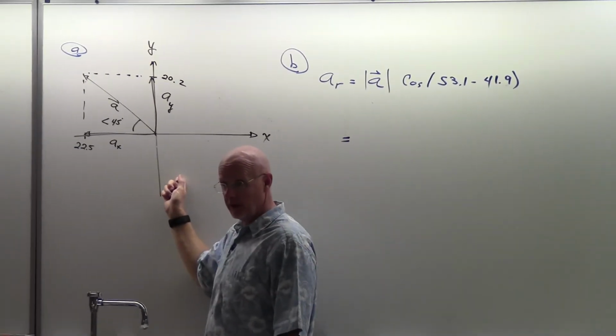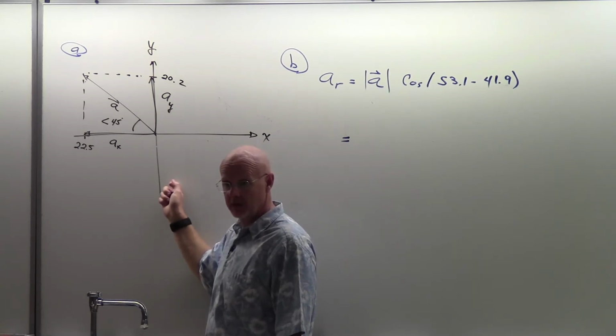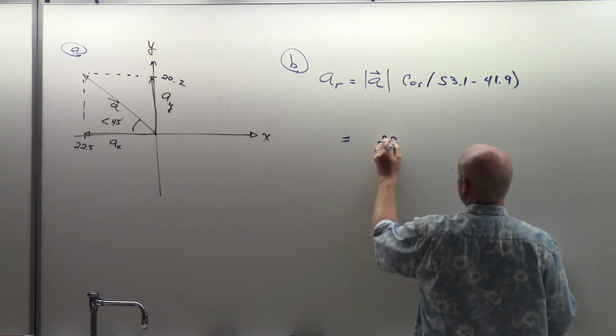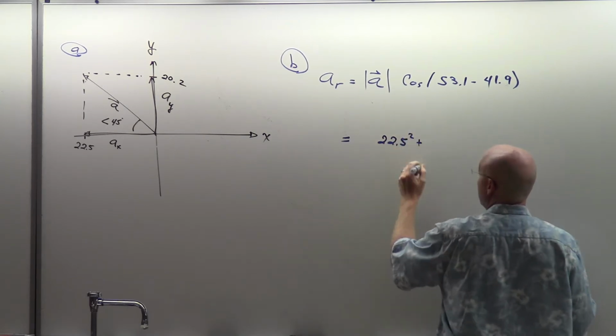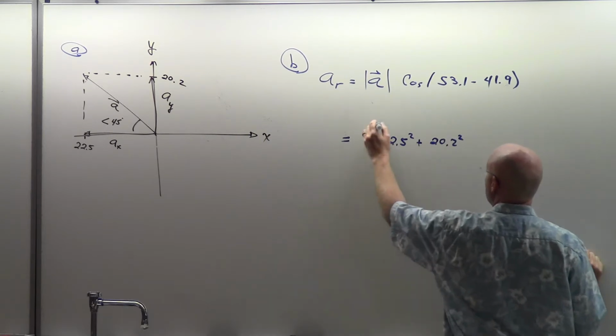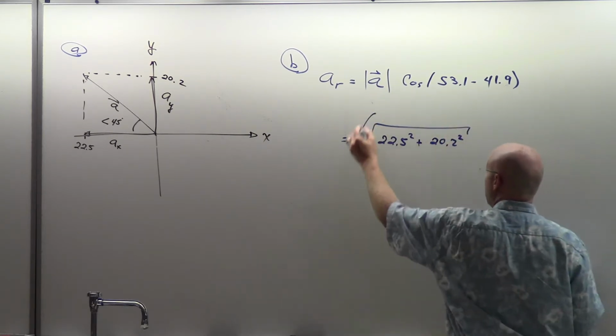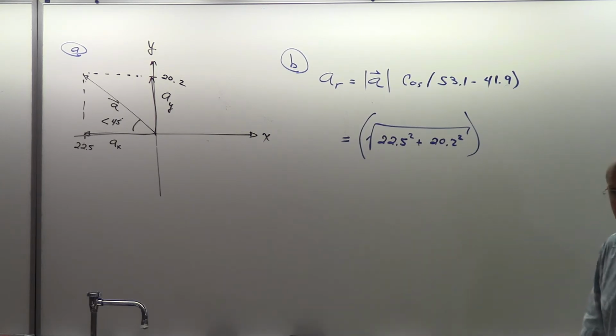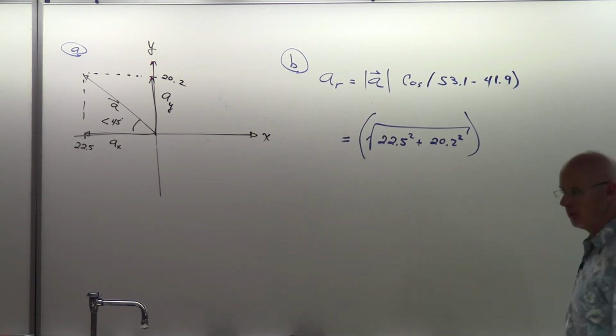Well, don't I have the Cartesian coordinates of it? So wouldn't this be the square root of 22.5 squared plus 20.2 squared? So there's the magnitude of the acceleration vector, which I can get from the Cartesian points.